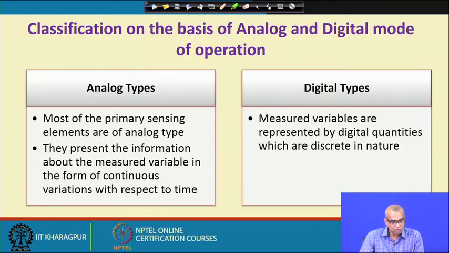So, it depends on whether the information about the measured variable is presented as an analog signal, which is a form of continuous variation with respect to time, or is represented by digital quantities which are discrete in nature.